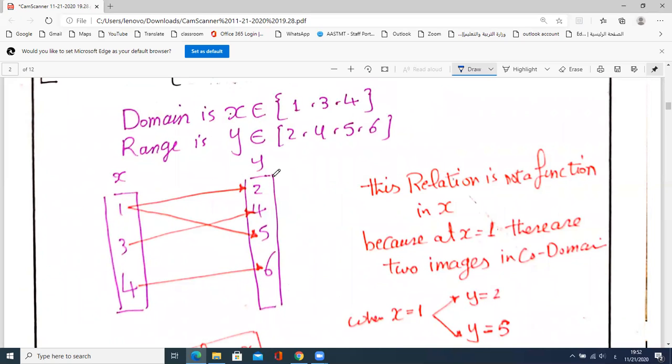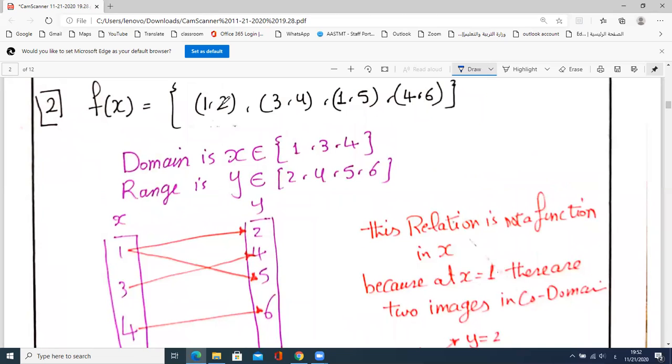Now we are gonna match the values of x with its image in codomain. When x equals 1, y equals 2 and 5. Now 1 has 2 images in codomain. And when x equals 3, the value of y is 4.